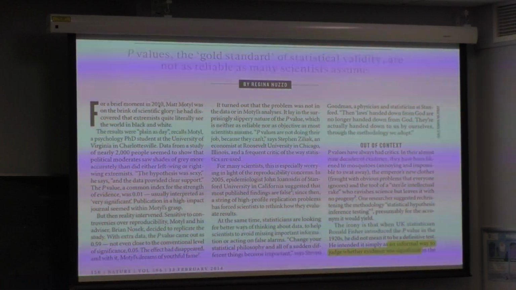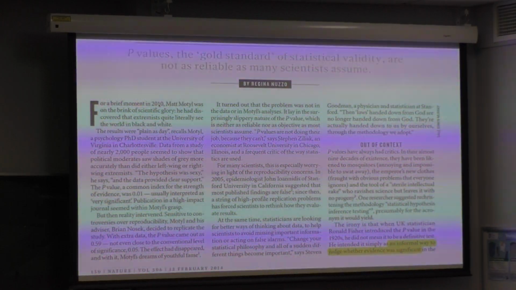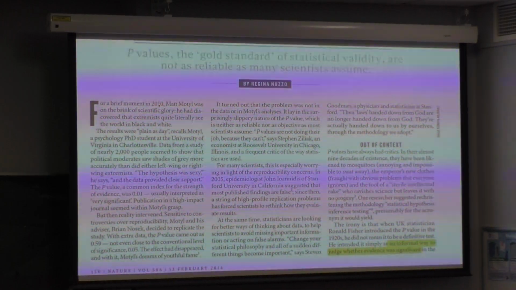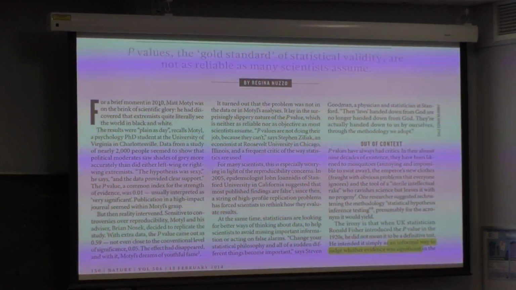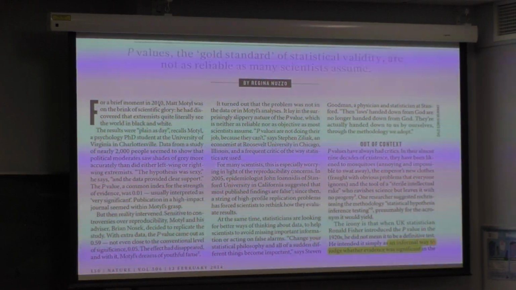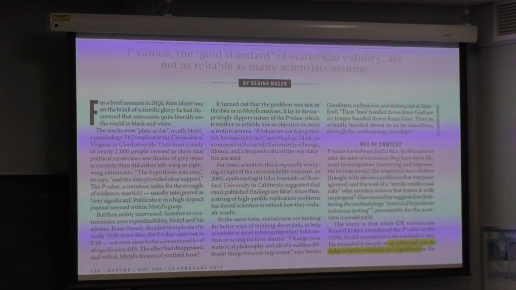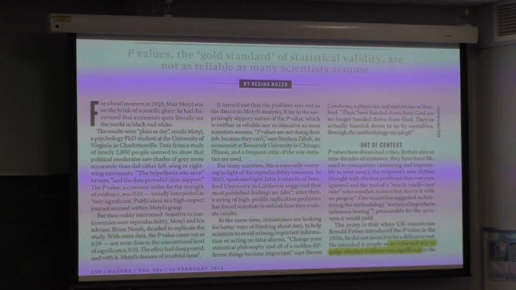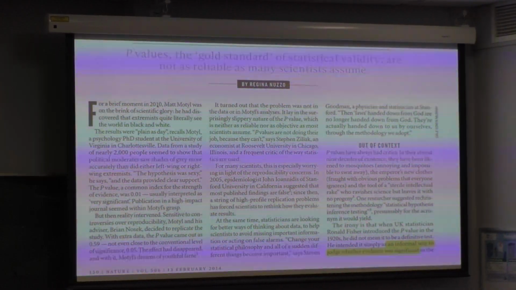So it's informal. That means that it is not mathematically precise. It gives you a vague idea of how much support against or in favor of a hypothesis the data has. But it's informal. You cannot derive proper mathematical properties from it. So that's what this means, which is not very good, actually, if you're a statistician.